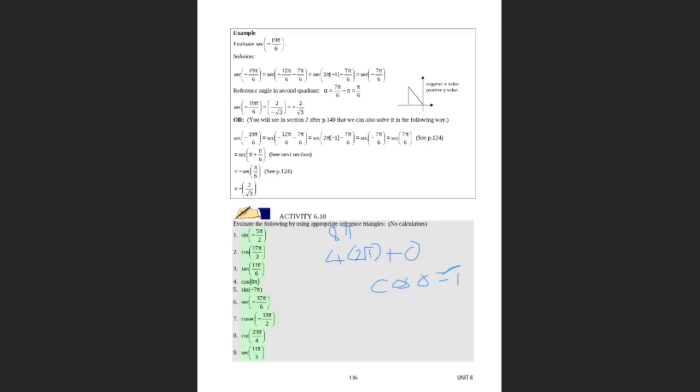Then the next one, we have minus 7 pi. Minus 7 pi can be the same as minus 8 pi plus pi.